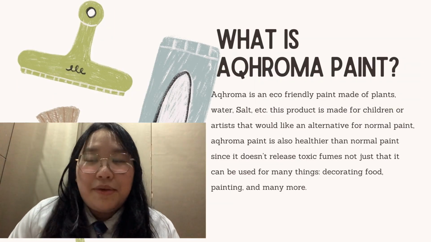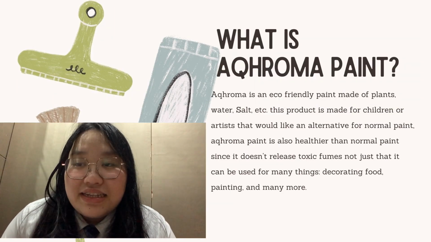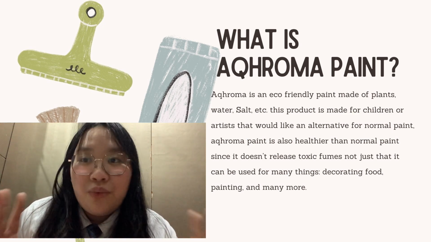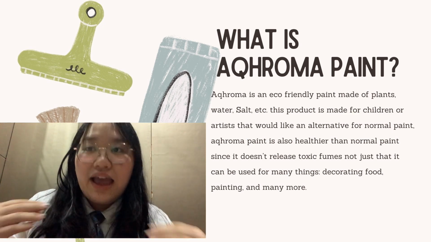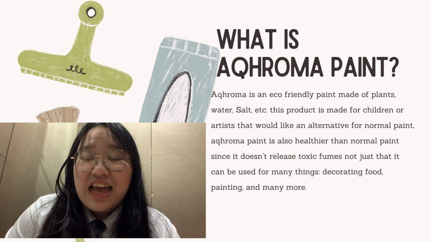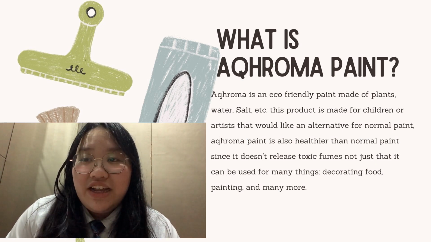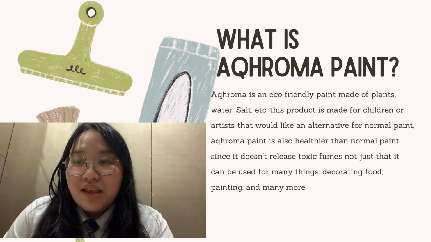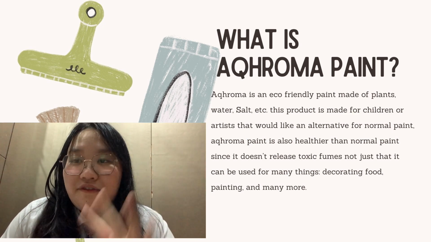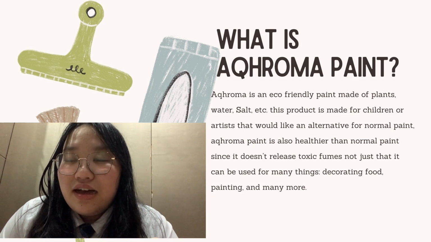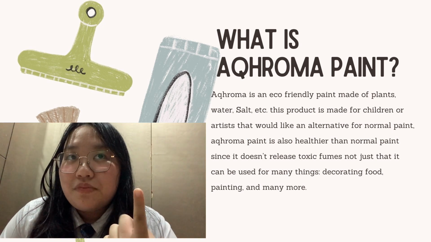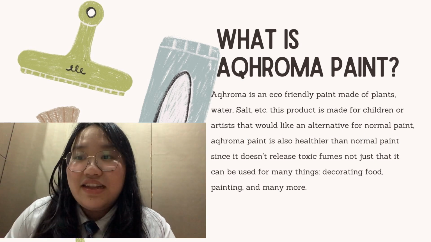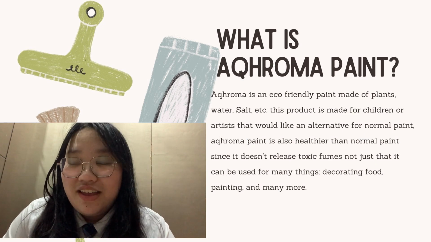What is acrylic paint? Acrylic paint is an eco-friendly paint for anyone who wants to be more eco-friendly, and for children or parents who are worried about their children accidentally consuming the paint. The paint only has 4 ingredients: flour, salt, water, and a plant to add color, and in this case I use turmeric.